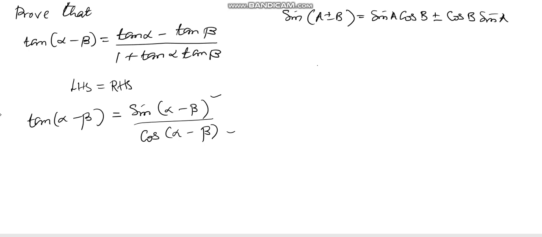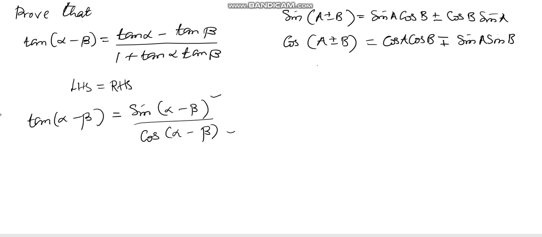Then for cos(A plus or minus B), we simply have cos A cos B minus or plus sine A sine B like this. So with respect to the expression that we have here, we're going to substitute with an identity that works for this expression.